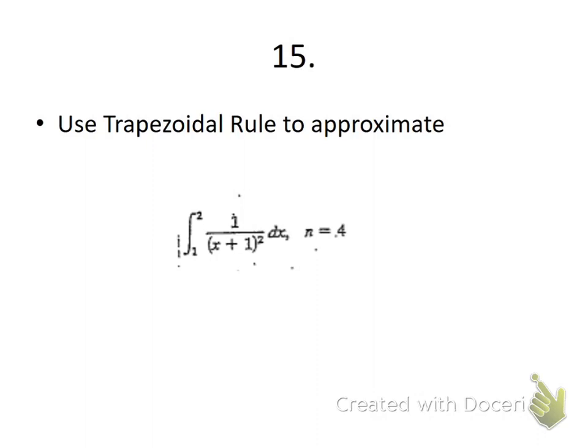So b minus a is 2 minus 1, divided by 4, so it's 1/4, but 1/2, because trapezoidal rule is 1/2 the height. So it's 1/2 times b minus a over n. So 1/4 times 1/2 is 1/8 times.